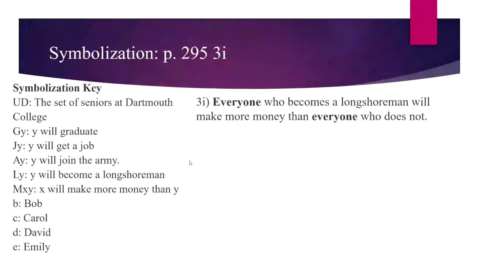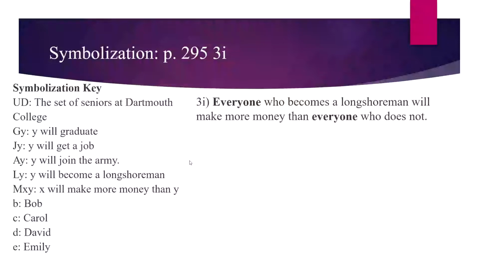We're going to be involving 2 universal quantifiers. The structure of this sentence doesn't really give us a lot of indication of what we're going to be doing. But the way that we should think about this is, if one person becomes a longshoreman and the other person does not, then the first person will make more money than the second.